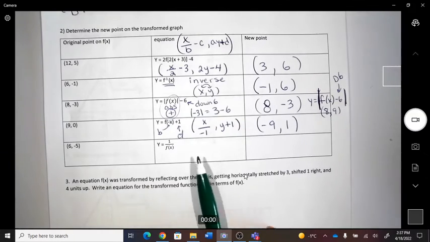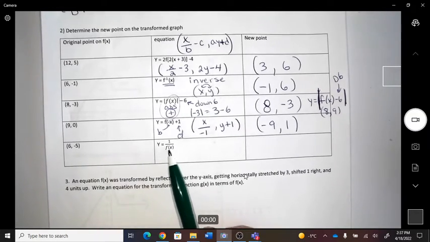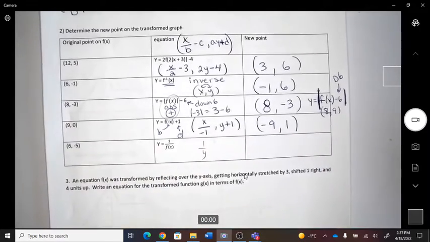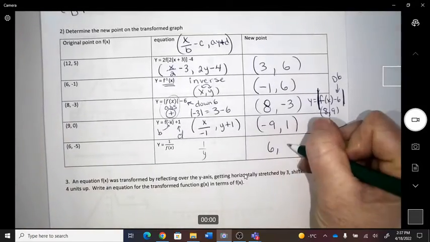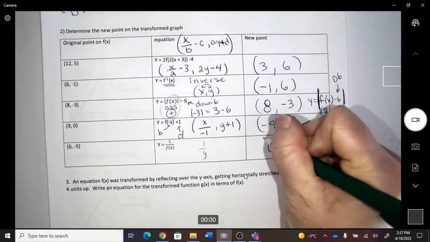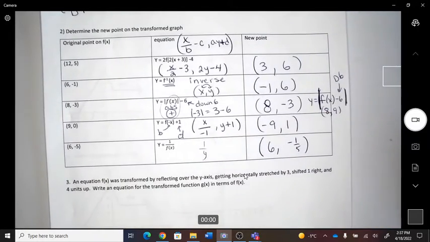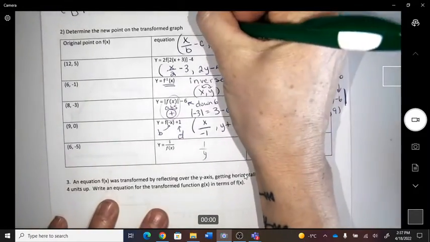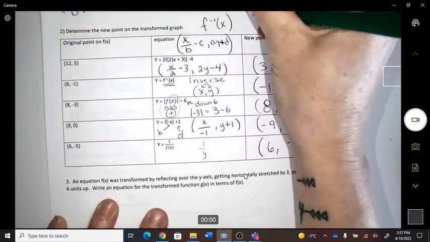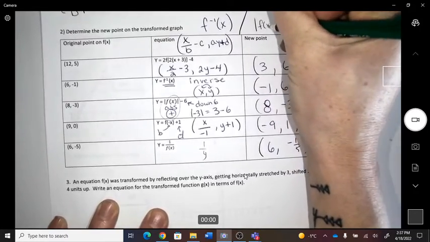Okay, and then the last one, do you remember what this one does? The y, you have to do that to the y. So -1/5. That's what the new y is. Okay, do you understand the difference?